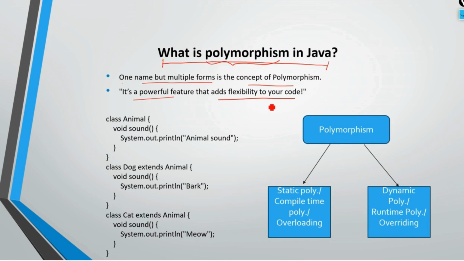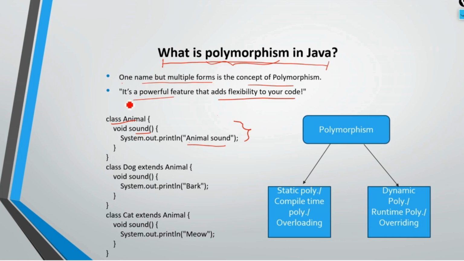How does it add flexibility? We can write a simple class Animal, which has a sound method. It's a generic method, right? Because animals can be cat, dog, cow, or any animal, and every animal has its unique sound.